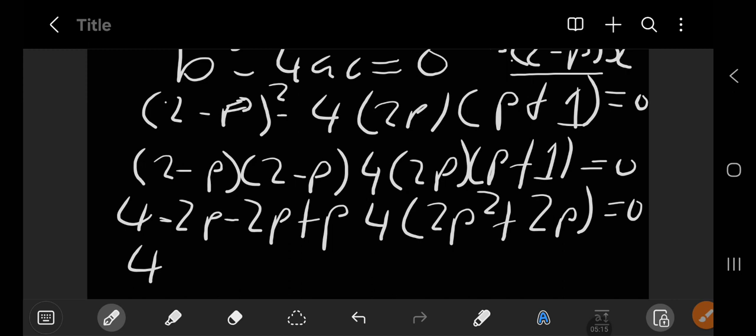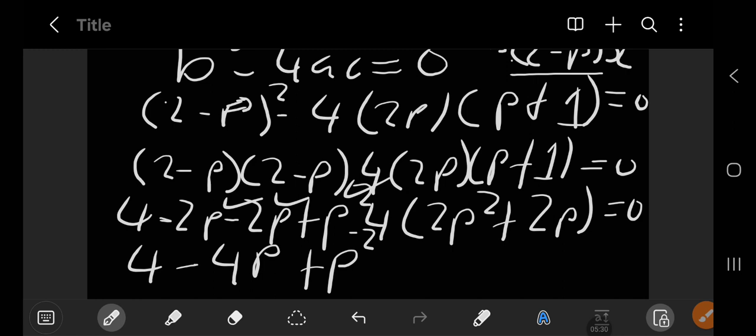This is supposed to be p squared, my bad. Grouping like terms, this is minus 4p plus p squared. Then this is supposed to be a minus somewhere here, so this becomes minus 8p squared, and negative times positive is negative, minus 8p, equals 0.